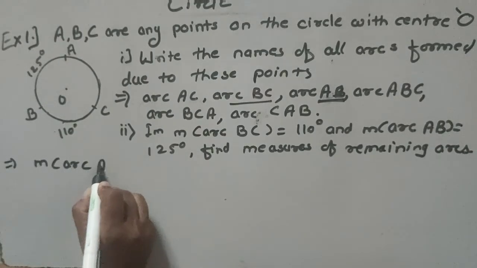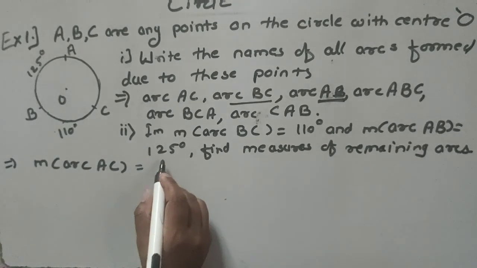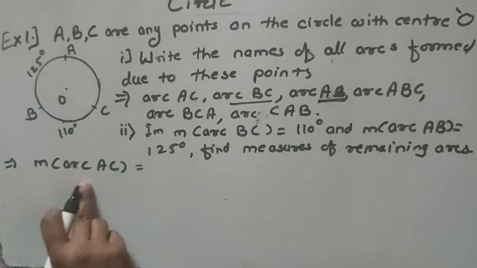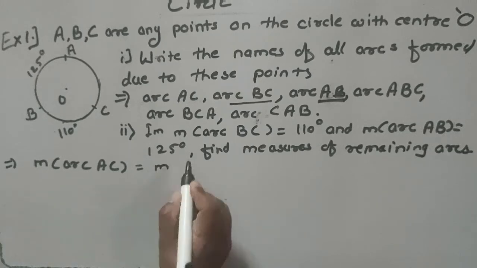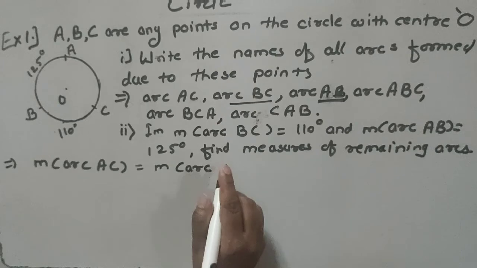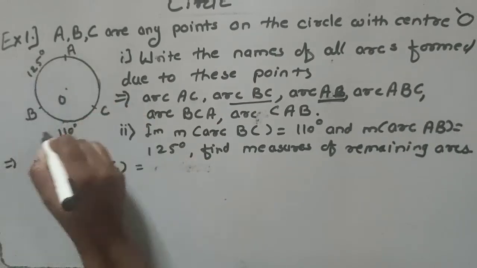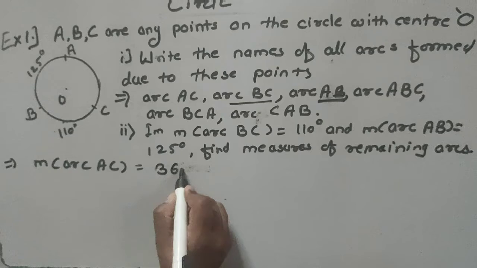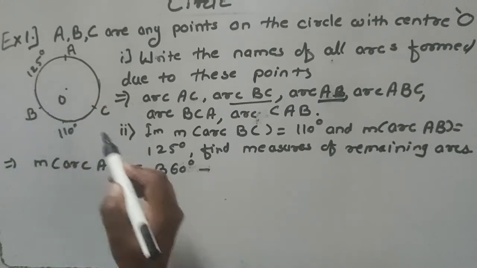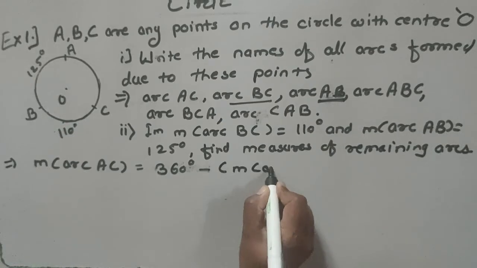Measure of arc AC is equal to 360. Our whole circle's measure is 360 degree, minus we have to subtract both arcs. In brackets we write measure of arc AB plus measure of arc BC.